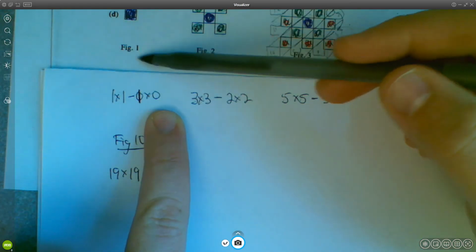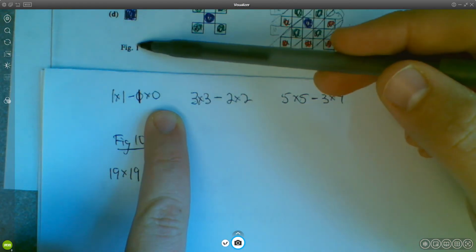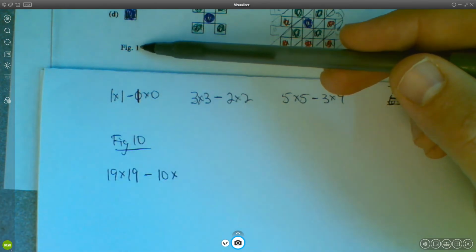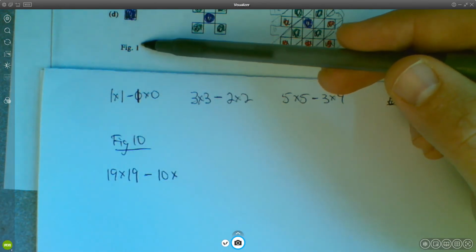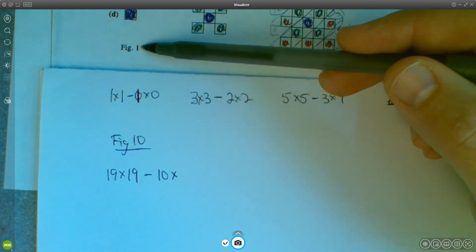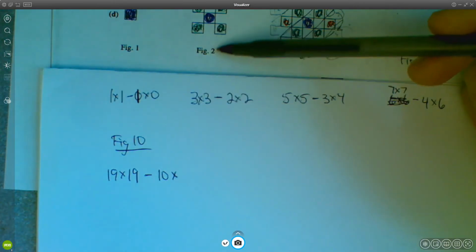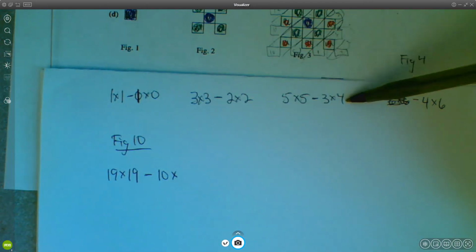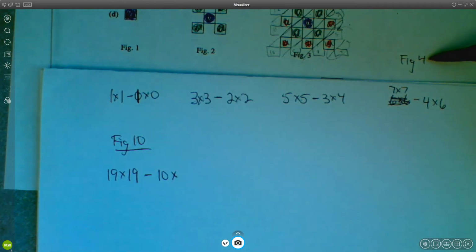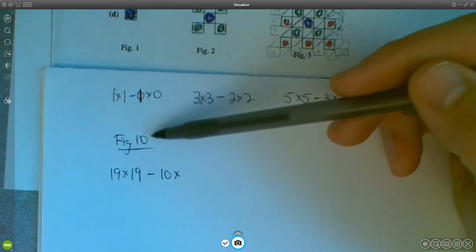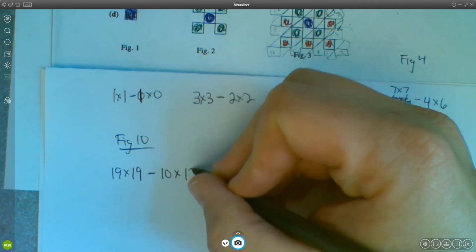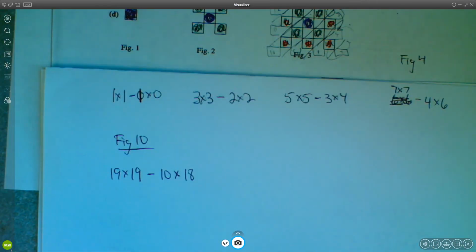So I think it's actually figure number minus 1 and then times 2. Right? So 1 minus 1 would be 0, times 2 is 0. 2 minus 1 is 1, times 2 is 2. 3 minus 1 is 2, times 2 is 4, right? 4 minus 1 is 3, times 2 is 6. So 10 minus 1 would be 9, times 2 would be 18 for figure 10.